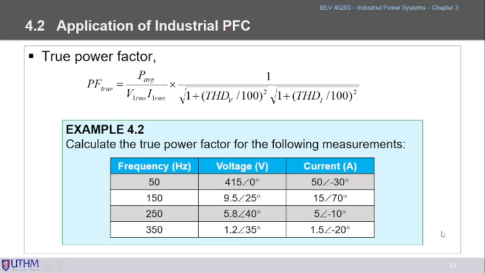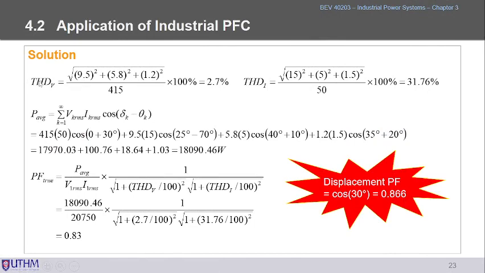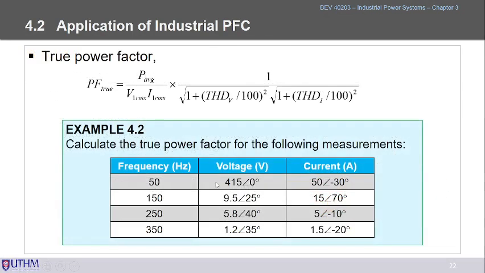So that means with this application we need to find how much is the true power factor. So let's check for the THD. Of course we begin with the THD for V and I. For the voltage we start from the second one. The second one is the third order, fifth order and seventh order. So it is 9.5, 5.8 and 1.2.